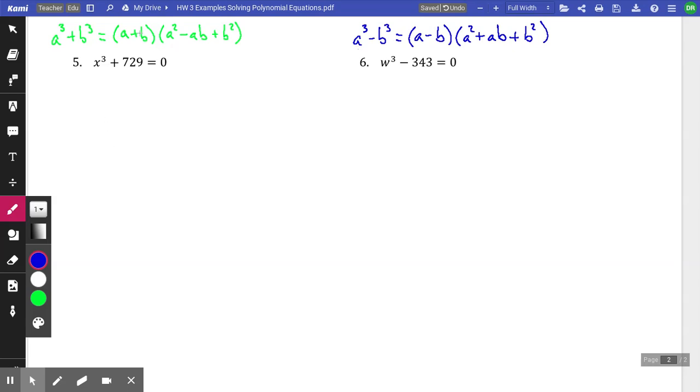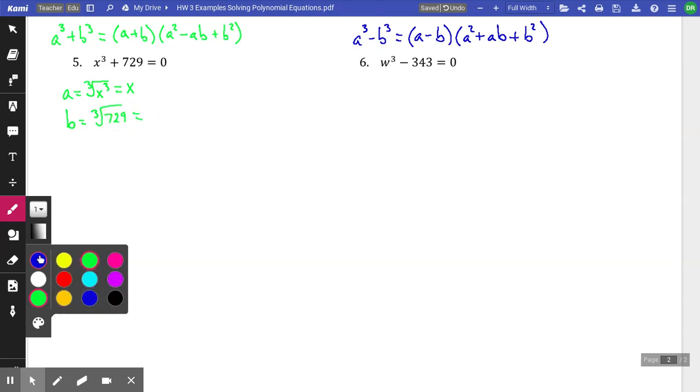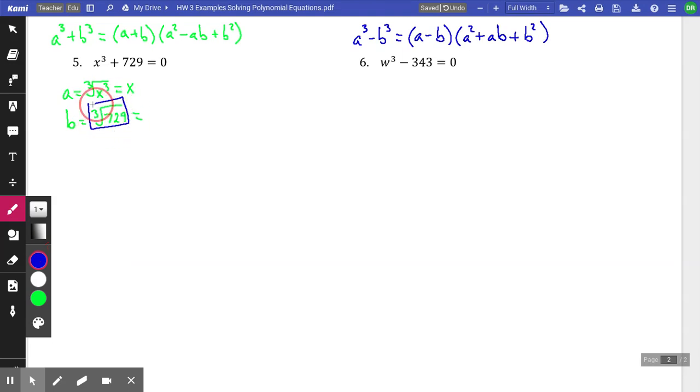So let's talk about how we fill in for a and b again, in case you've forgotten. A is just what we call the cube root of your first term. So in this case, we have the cube root of x cubed, which very simply is just x. And for b, we have the cube root of 729, which if you go into a graphing calculator or scientific calculator, such as Desmos, there should be a button.